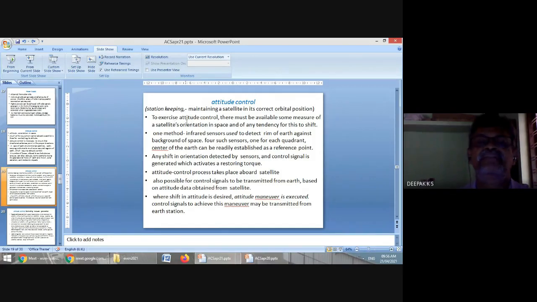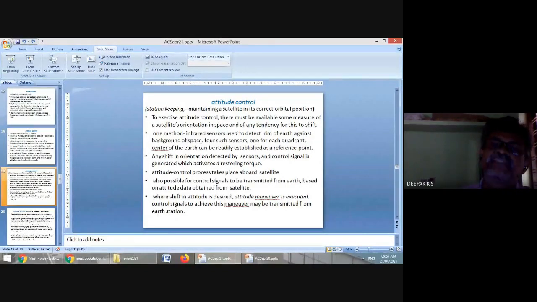To exercise attitude control, there must be some measure of the satellite's orientation in space and of any tendency for this to shift. One method is to have infrared sensors used to detect the rim of Earth against the background of space.